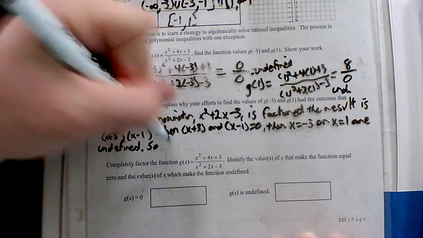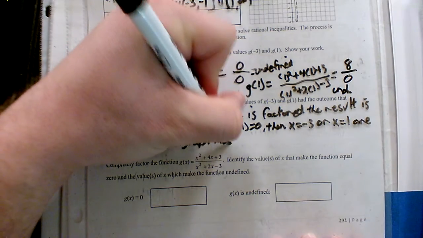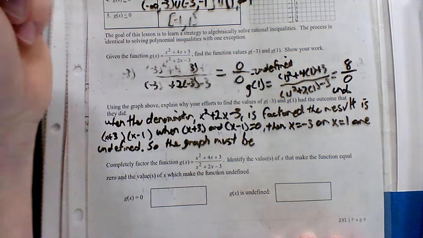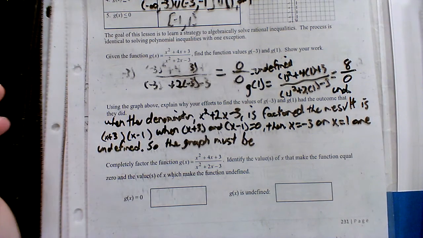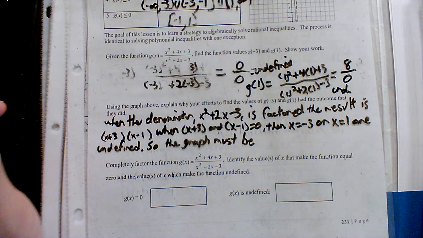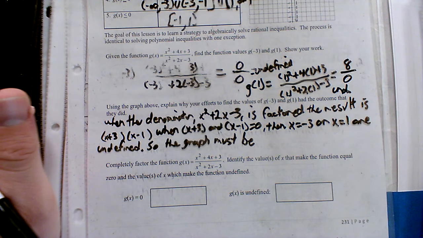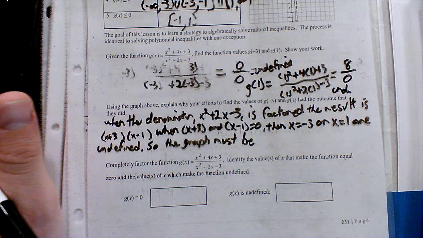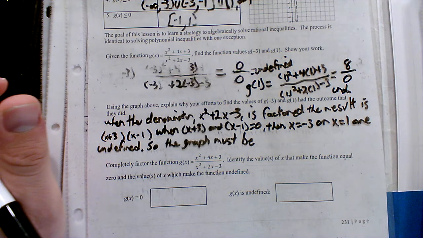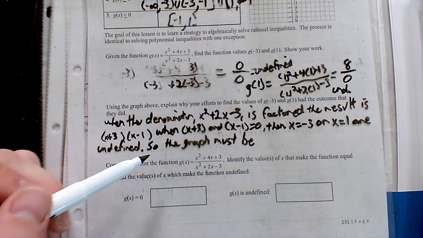So the graph must be what at these points? Must be at those 2 points, the graph is what? Word starts with a D. Anybody have it? The graph must be what?